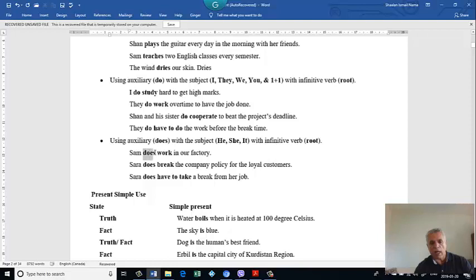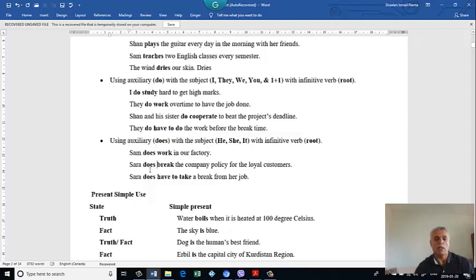If I don't have this, let's say imagine we don't have does here, then I have to add s here to make it the s for this third person. You could say Sam works in our factory, but because I have does here, then I have to take s from the work. Then we say Sam does work in our factory.